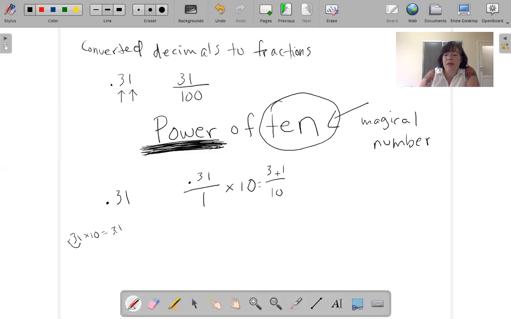I'm trying to get rid of it. So I need to multiply it by 10 again. Move this over again. And then I've got 31, 10 times 10 is 100. Look at that, 31 over 100, and we used the power of 10.